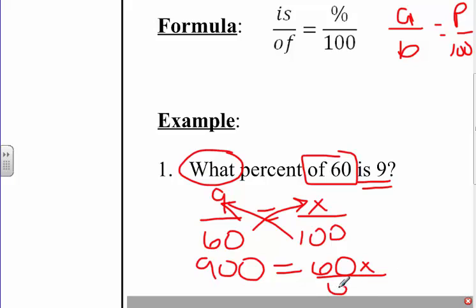So here we divide by 60 on the right, on the left we divide by 60, and then simplify. So we get x equals, so I can simplify this by dividing the top and bottom by 10, and then 6 goes into 90 15 times, so it'd be 15%.